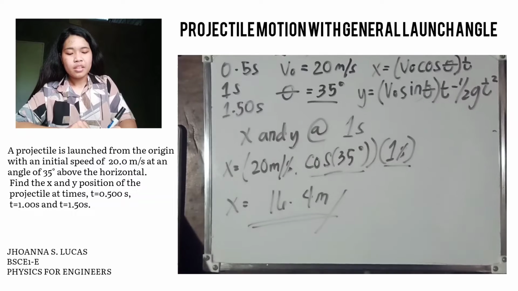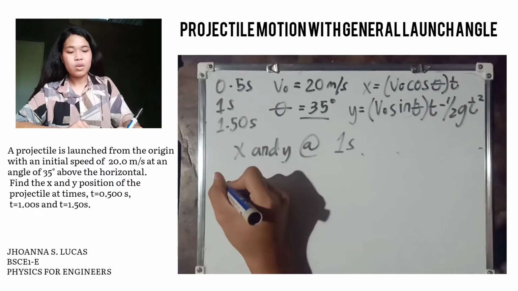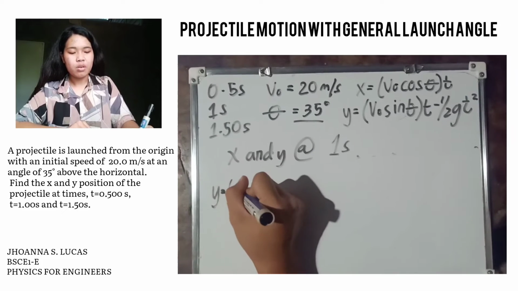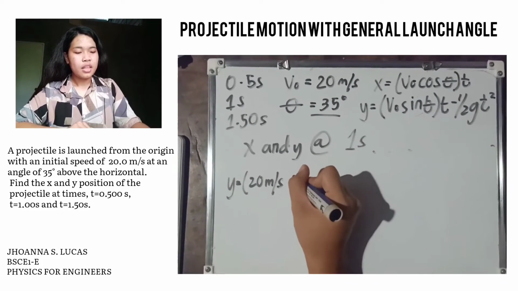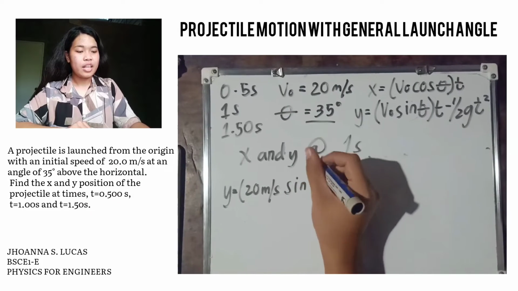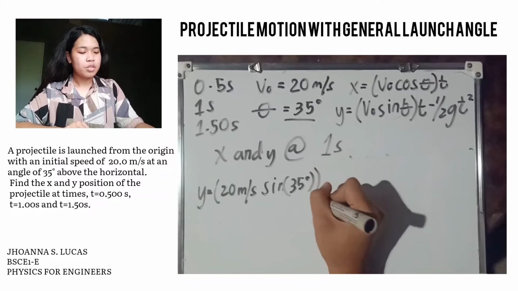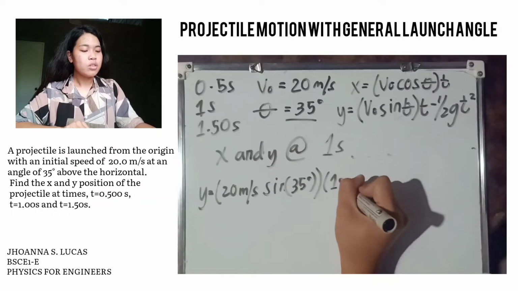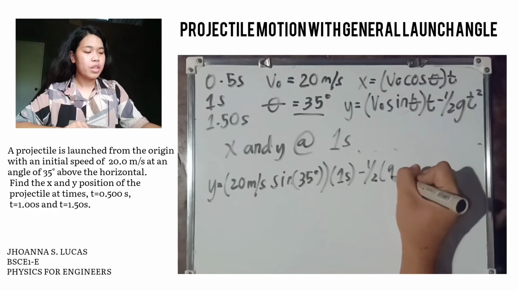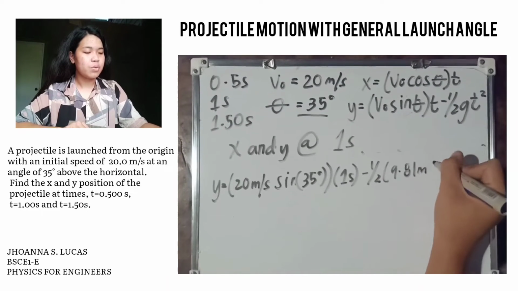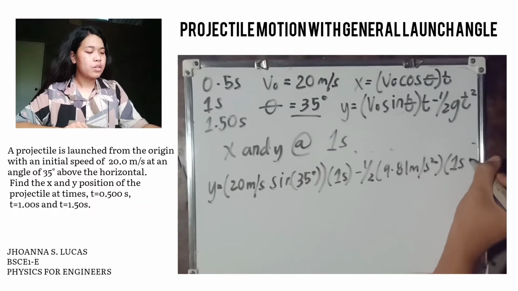Next, for y, we have initial velocity, which is 20 meters per second, times sine theta, where theta is 35 degrees, times our time, which is 1 second, minus 1/2 times gravity, which is 9.81 meters per second squared, times our time, which is 1 second squared.